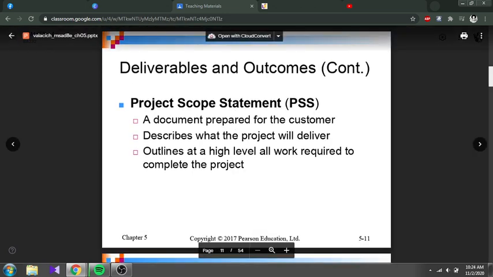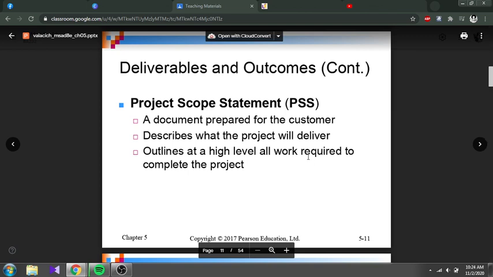Okay, we have another one, the project scope statement. It's actually a short document prepared for the customer that describes what the project will deliver and outlines all work required to complete the project. So the PSS, project scope statement, ensures that both you and your customer gain a common understanding of the project, and it's also a very useful communication tool.